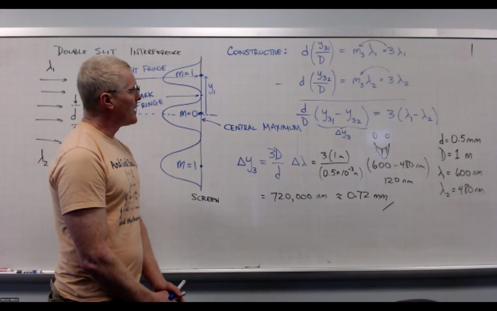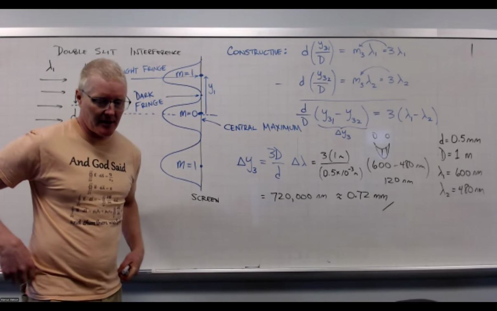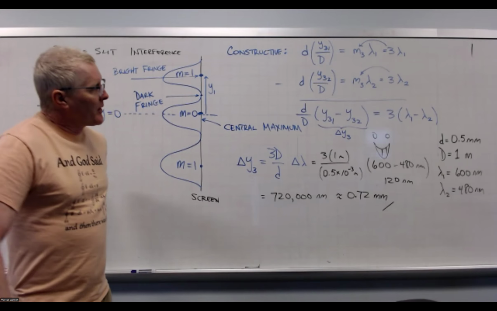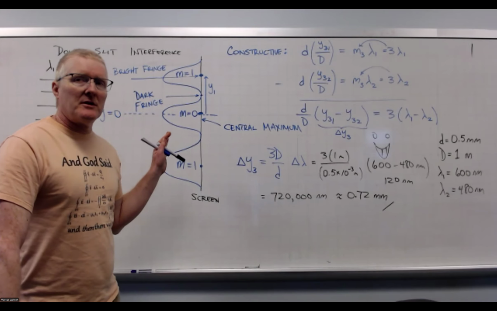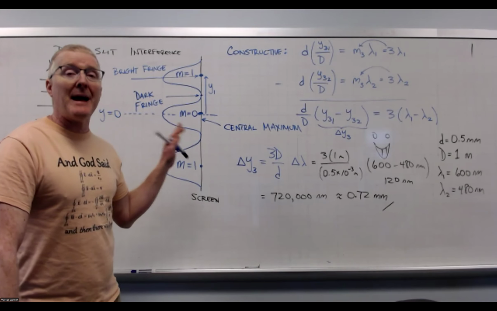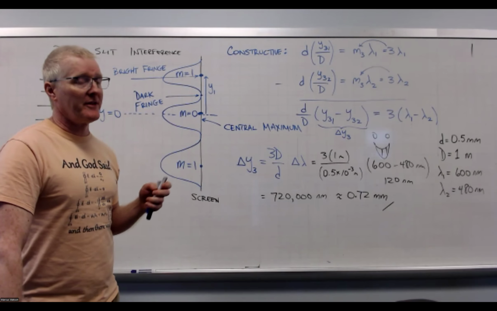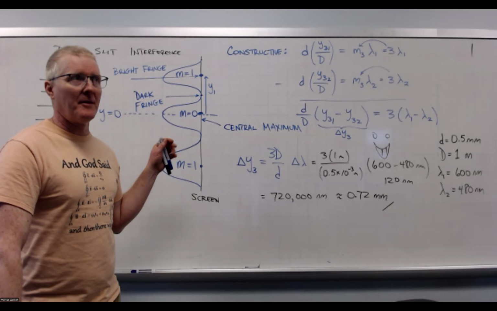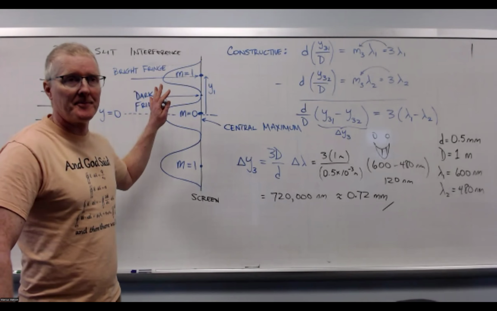So we're going to move on to the next type of interference here. I want to just give you a little look ahead. We're going to come back to this, okay? We're going to come back to this because there is more analysis to do with this type of setup.